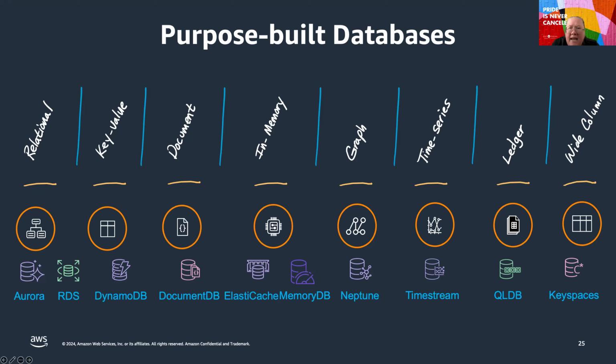Then you see other categories, and I may not spend too much time on them. There are things that I might mention, but many of the categories you see here have the same fundamentals as relational and key value.